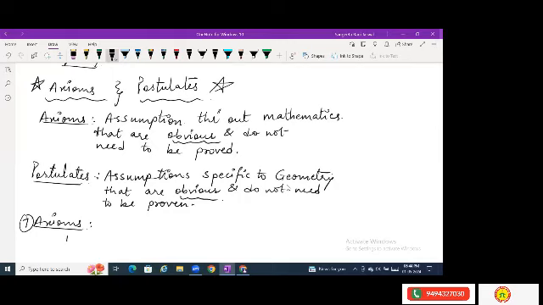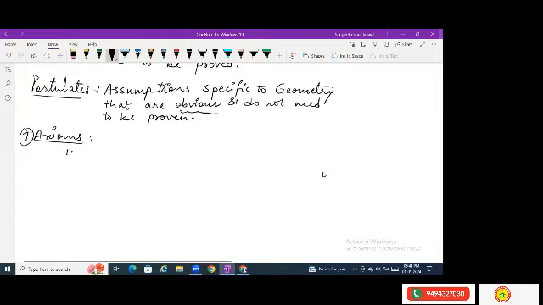So let's see the first axiom of this. Things that are equal to the same thing are equal to one another. I'm not writing the full big sentence. It's all there in your book. Do you all have the book? Or should I write?